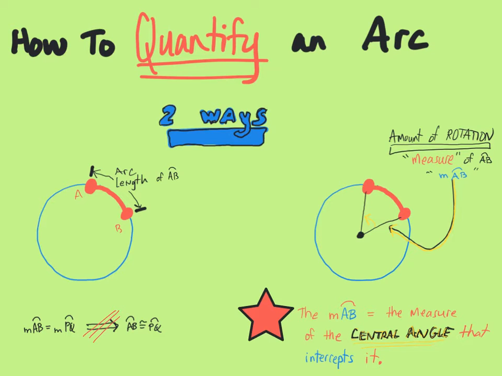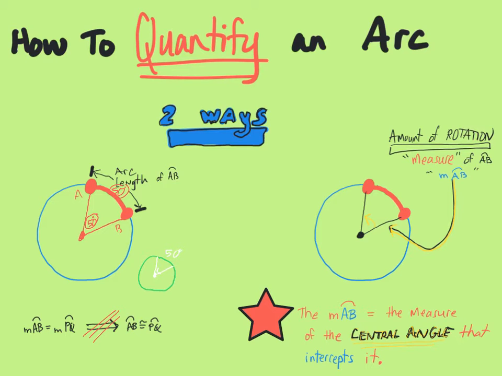And why not? Well, consider this arc AB right here. What is the measure of this arc? It looks like it's about 50 degrees. The central angle is 50 degrees, which means the arc's measure is about 50 degrees. Well, what if we looked at another circle that was only this big? So it was not a congruent circle, had a much smaller radius. But what if we looked at an arc that still measured 50 degrees?